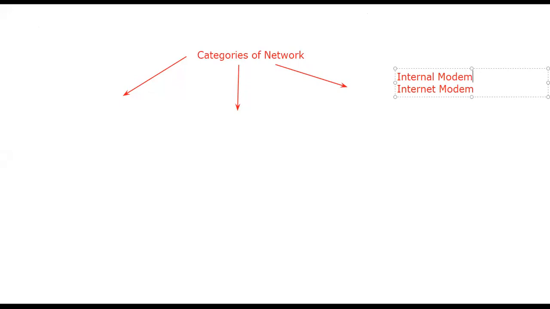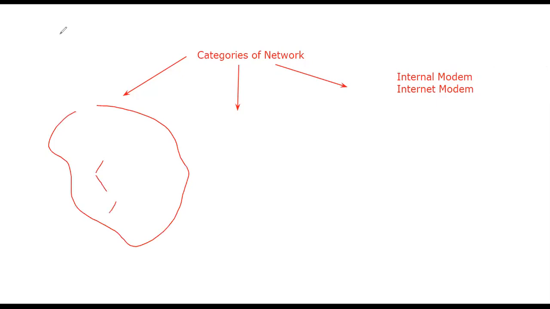Okay, so this modem is a small device from the perspective of one technology, that's wide area network. It is a small device that connects the clients, the users, to the ISP, internet service providers. Nowadays, when you would like to connect to the internet, suppose this is the ISP, internet service provider.